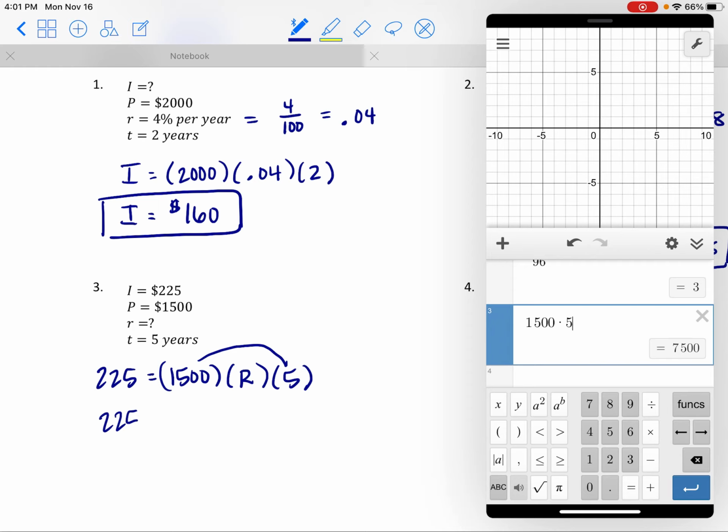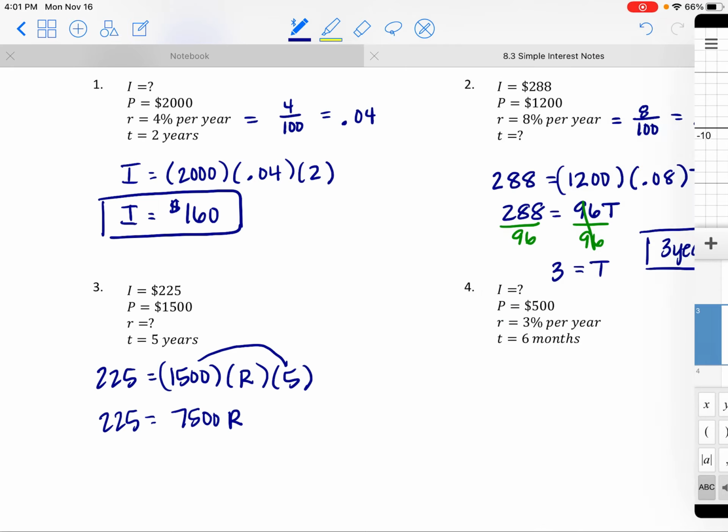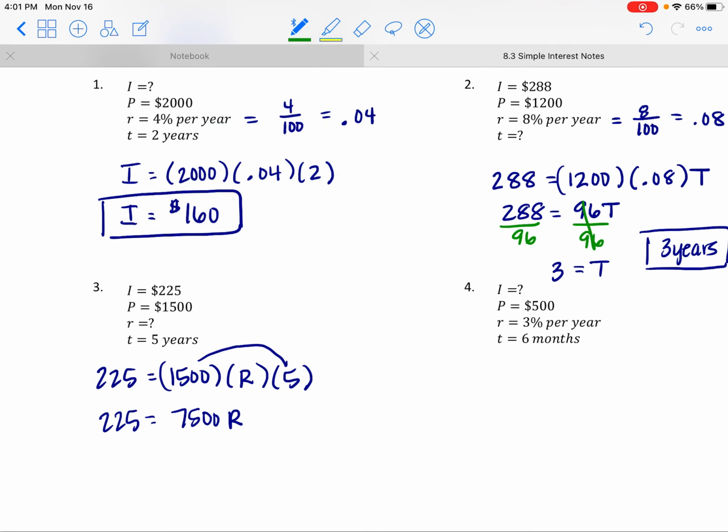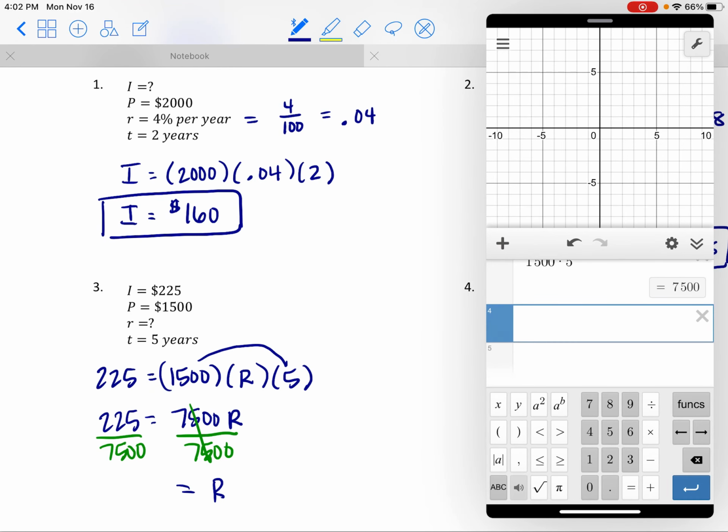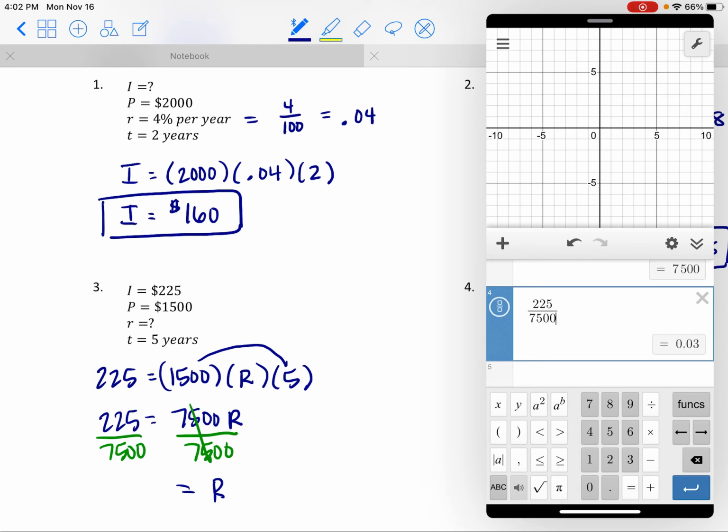So right now we have 225 equal to 7,500r, and we still have r on this side. So to solve for r, again, we have to divide. So we're going to divide both sides by 7,500, and then r is going to equal, let's see, 225 divided by 7,500 is 0.03.